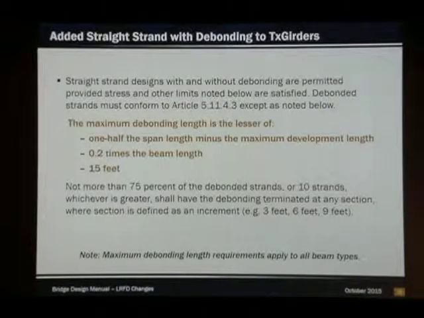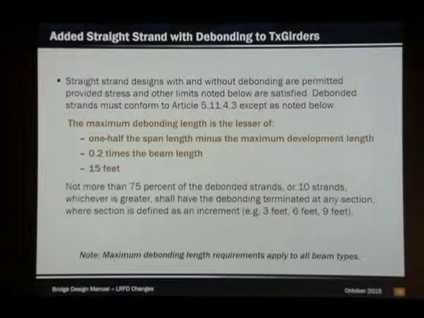We added straight strand with debonding to Tx girders. Straight strand designs with and without debonding are permitted, provided that the stress and other limits noted below are satisfied. Debonded strands must conform to AASHTO Article 5.11.4.3, except the maximum debonded length is the lesser of 1/2 the span length minus the maximum development length, 0.2 times the beam length, or 15 feet.